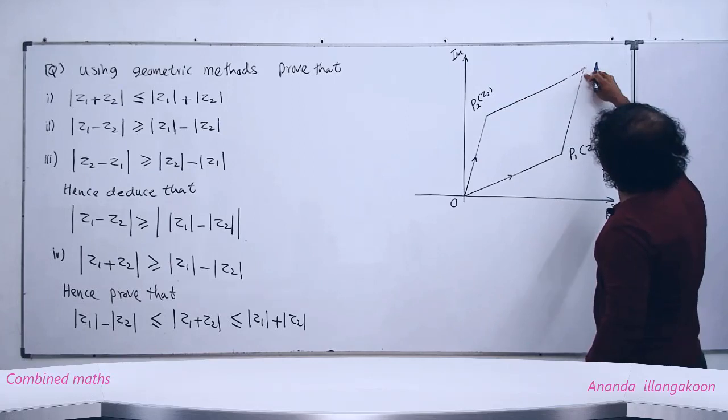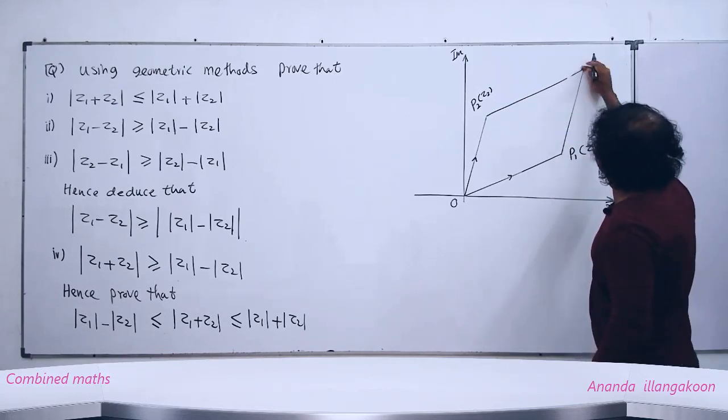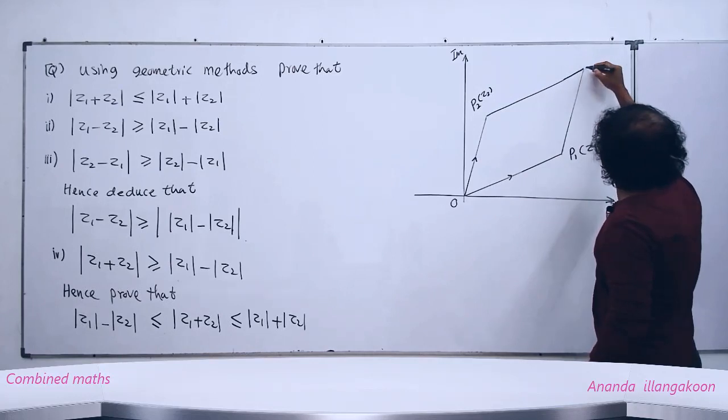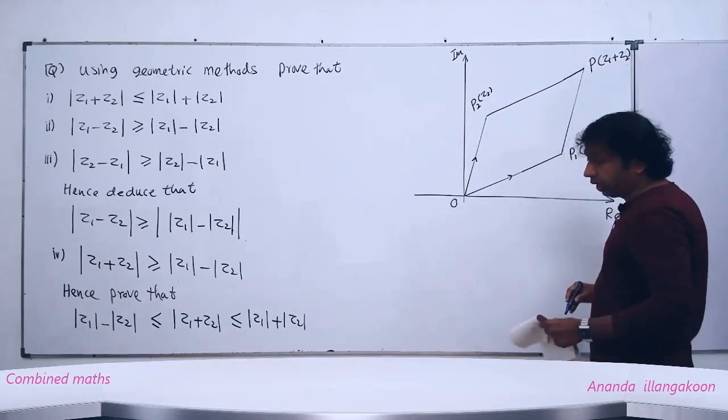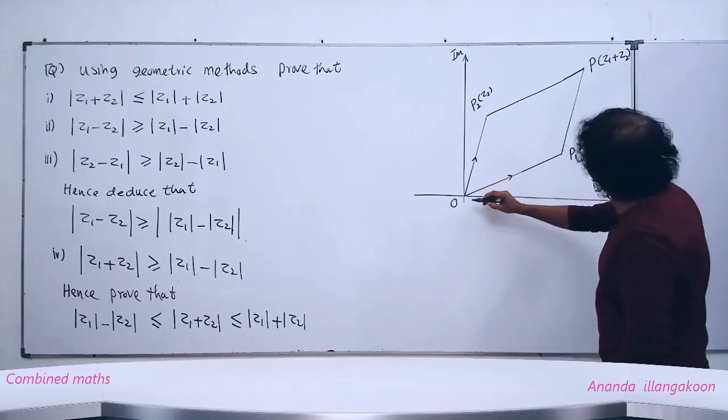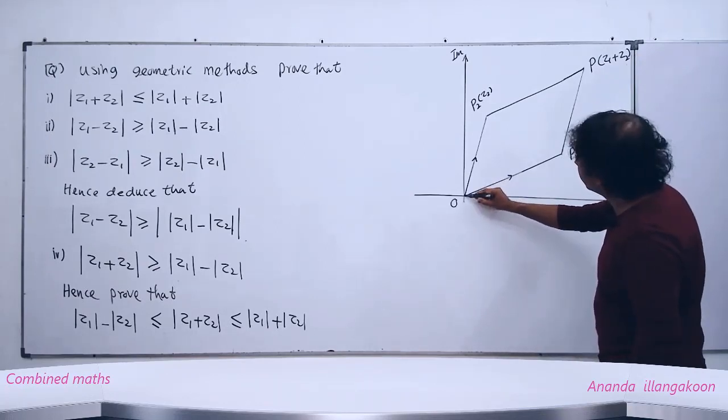Let this point be P. Then the point P will give the sum of the complex numbers Z1 and Z2. Then that is the line segment OP. This proof we did.